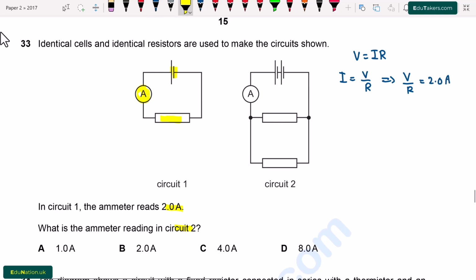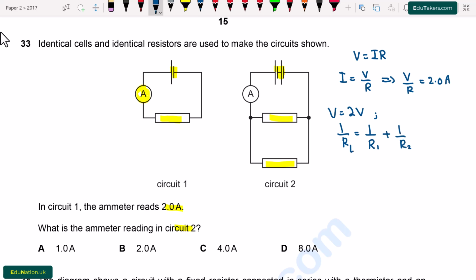For circuit 2, we can see that there are two identical cells and also two resistors. It means that here V will be equal to 2V and we have to find the total resistance of this circuit. As both of these resistors are connected in parallel, I use the formula 1 over R is equal to 1 over R1 plus 1 over R2.